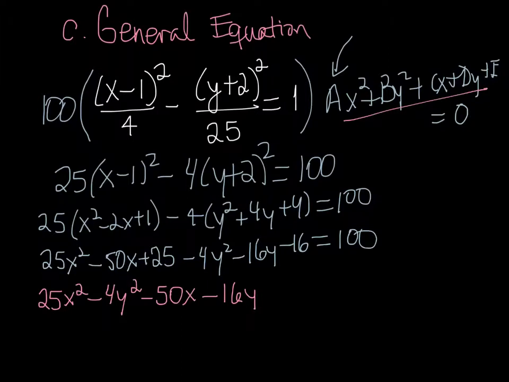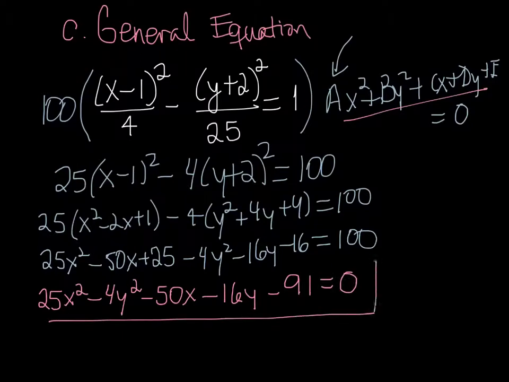Then we add all the constants. 25 minus 16 is plus 9, minus 100 is minus 91, and everything is equal to 0. This is the general equation for this hyperbola.